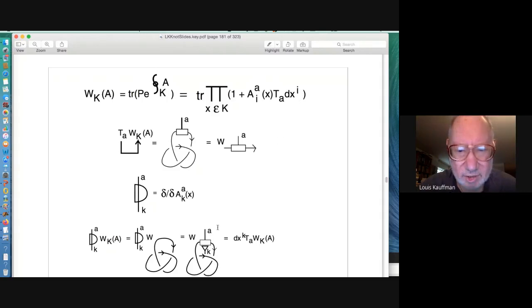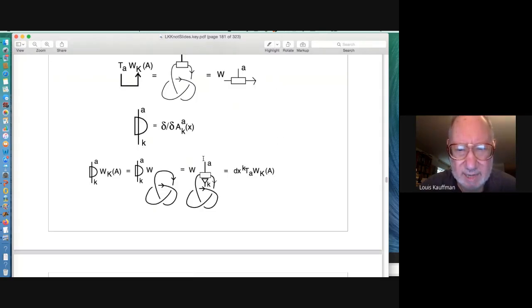It is an insertion of T^A into the Wilson loop and the dx^k, which I've written as a little line on a triangle, in order to have diagrams for everything. I want diagrams for everything because I do. And so this is the formula for differentiating the Wilson loop with respect to the gauge.